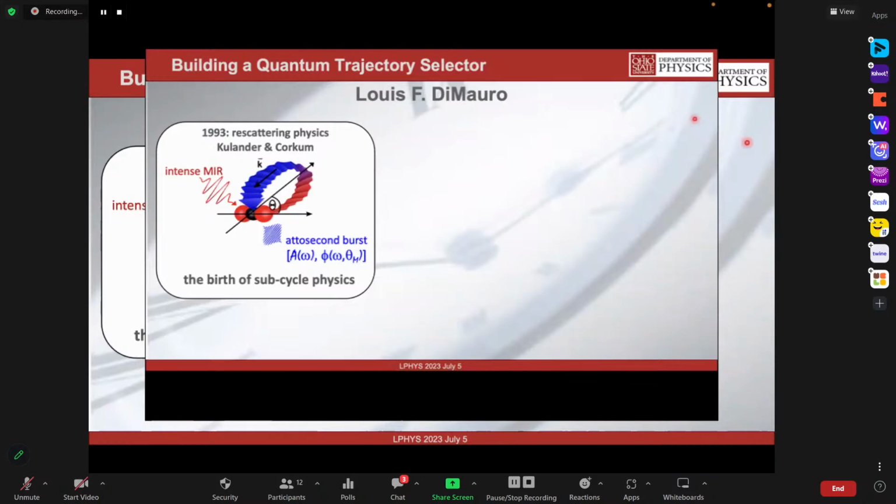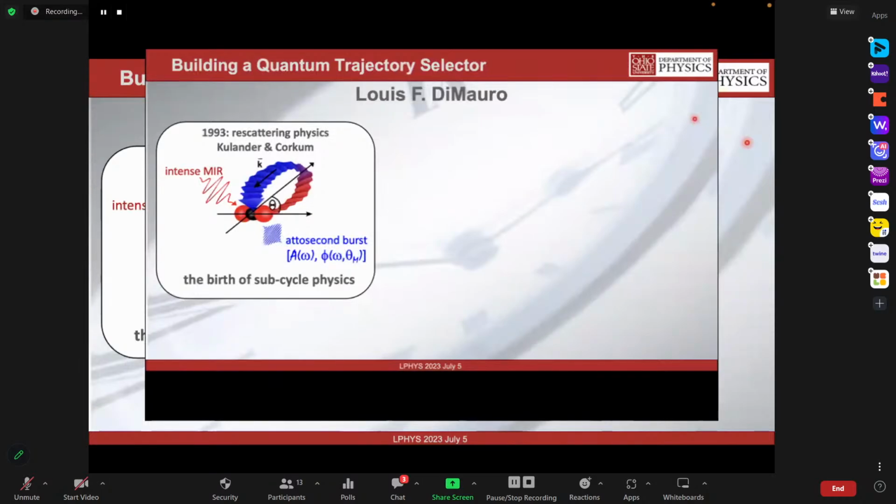Let me start off by reminding everyone, and everyone here is very learned, that the three-step model, which is now 30 years old, was a kind of intro into the attosecond world. This three-step model was a very intuitive roadmap for thinking about strong field physics, and also said why the physics is subcycle.